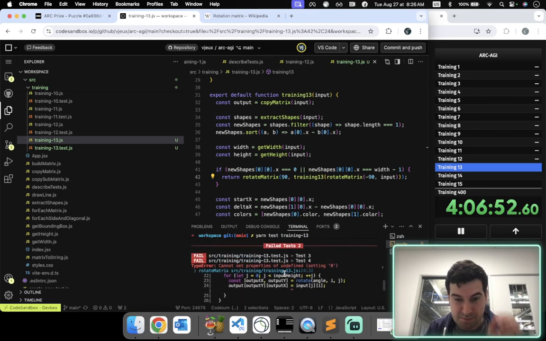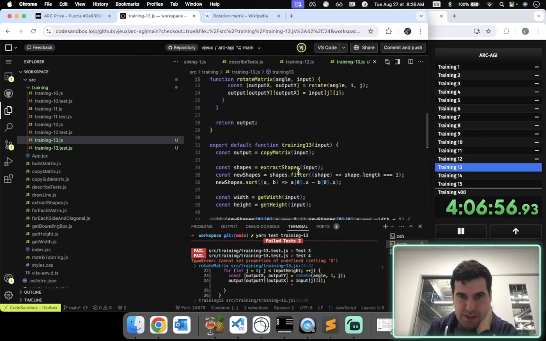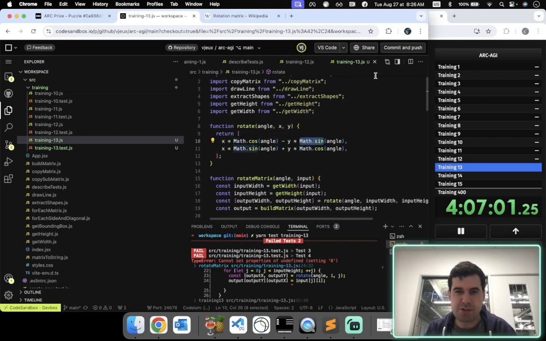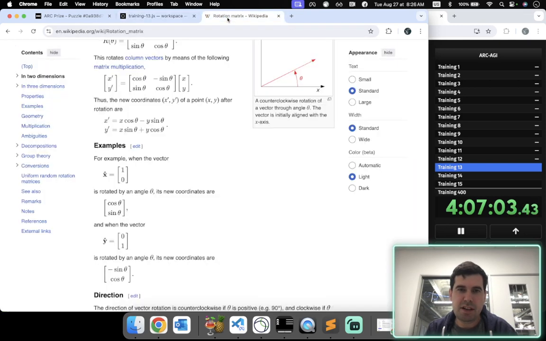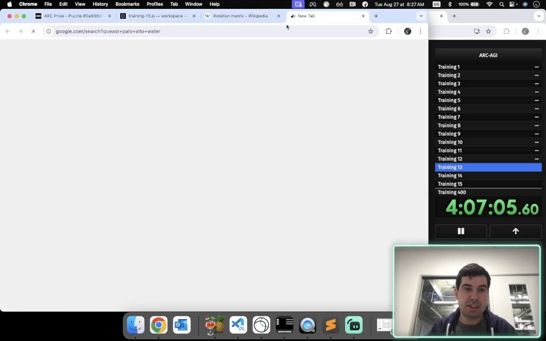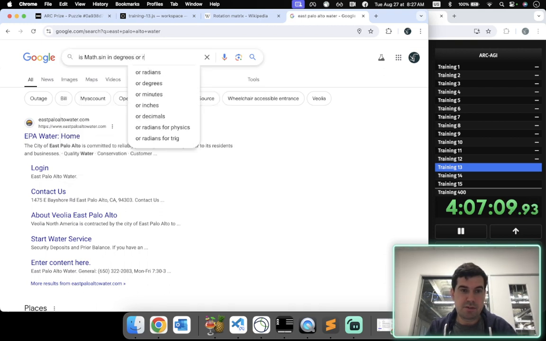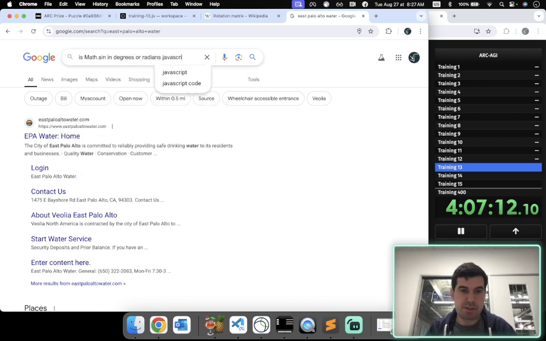Okay, so now I need to check if my gut feeling is right with Math. I need to check if it's using degrees or radians. Is it degrees or radians in JavaScript?